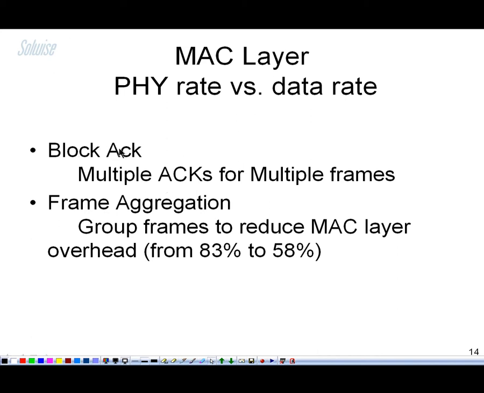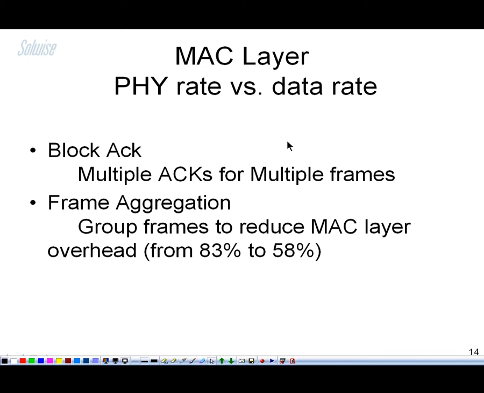Now, the first thing it can do is this thing called a block acknowledgement. Normally when you send a frame of data on 11G or 11B products, for every frame of data that you send from the transmitter, the receiver has to acknowledge back that it's got that frame of data. And the transmitter will not send another frame until it has received that acknowledgement.